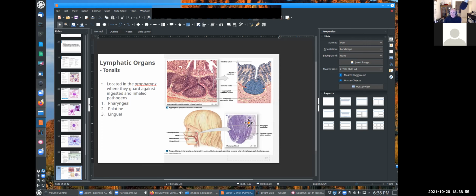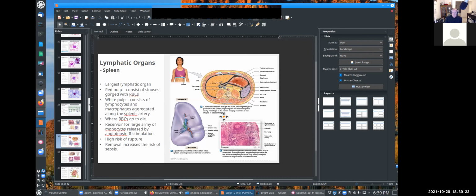You'll see these in lymph nodes as well. So lymphatic tissue, that's characteristic of it. You'll see what are called germinal centers that can be light in the center with dark around it, or vice versa. Okay. And you said the palatine tonsil is the one that you don't really see in adults, right? Yeah, they're pretty shrunken up usually. Cool.